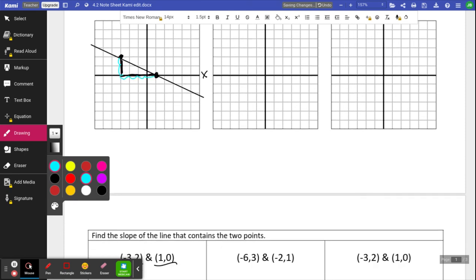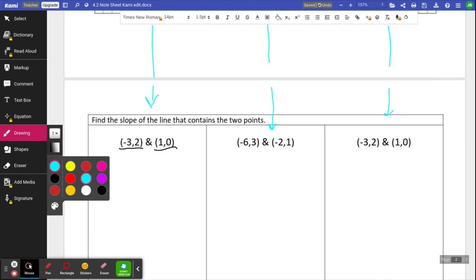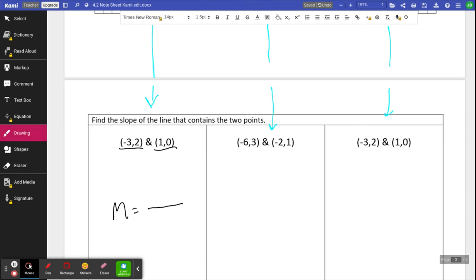Okay, so you can use this picture for this problem, and you can use this picture for this problem, and this picture for this problem. All right, so then this one, and I'll let you answer this yourself, but m equals, and you're going to have to tell me rise over the run.